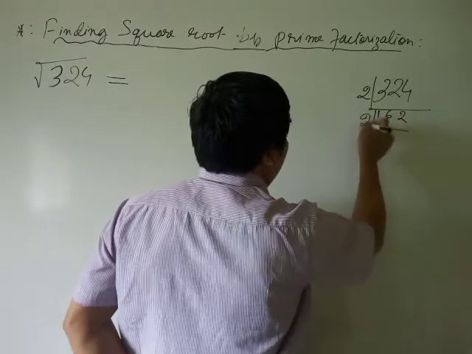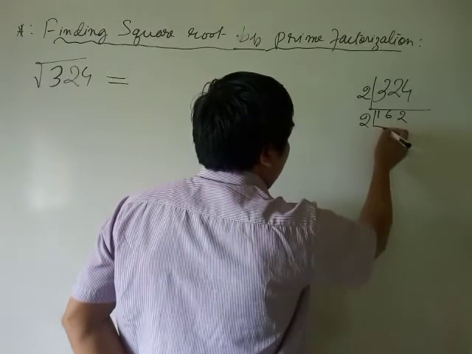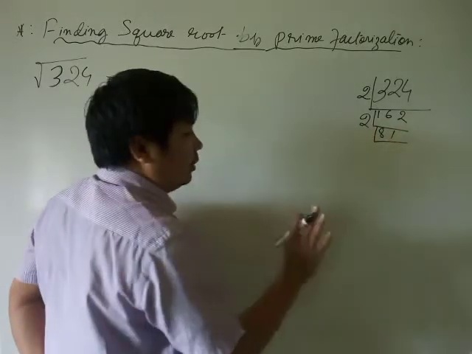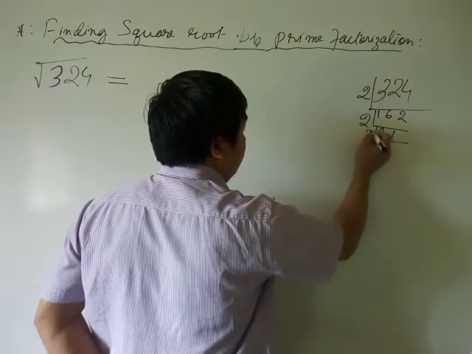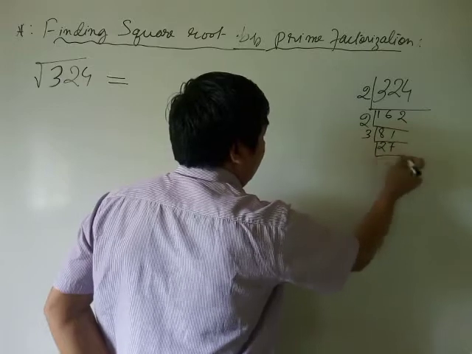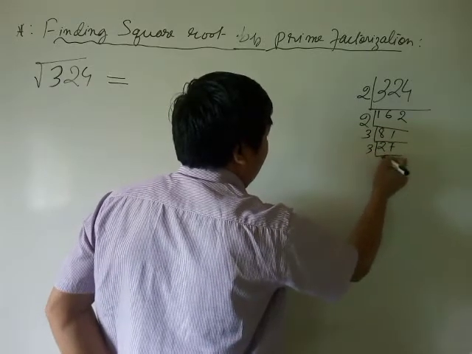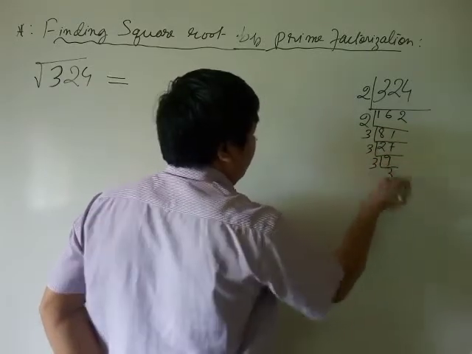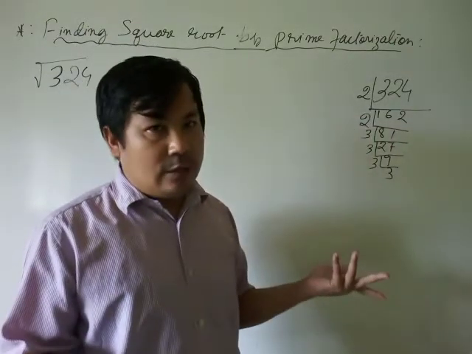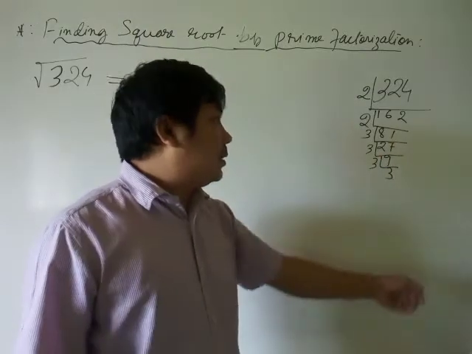Again we can take 2 and divide this: 2 eights are 16, 81. Now we cannot take 2 to divide this 81, so we have to take 3 here. 3 twos are 6, 3 sevens are 21, then we get 27, then 9, and then 3. When we get the prime number here, we can stop.